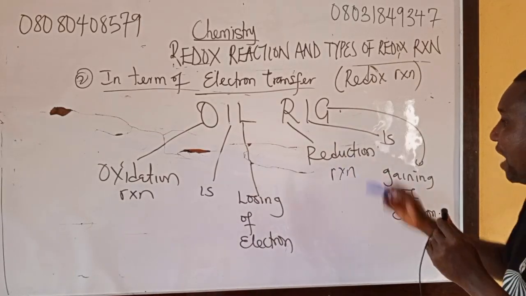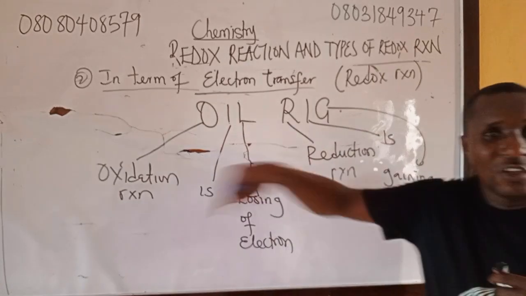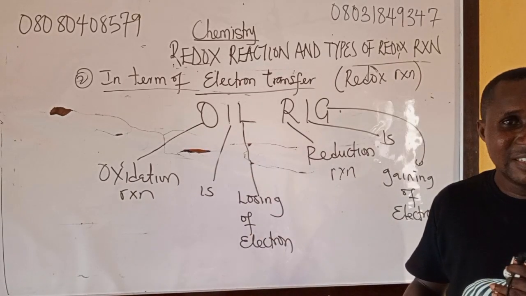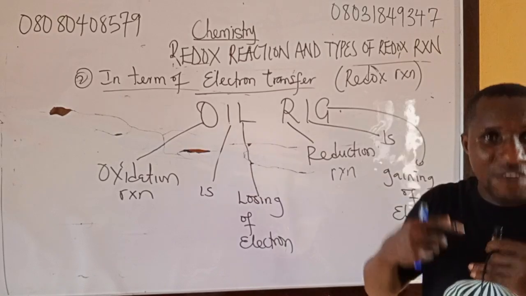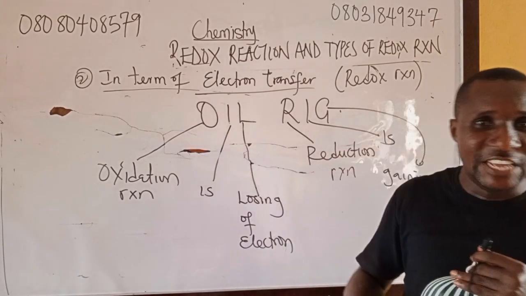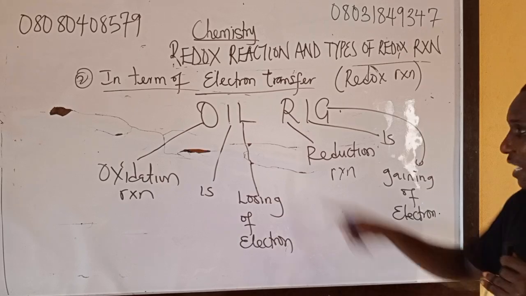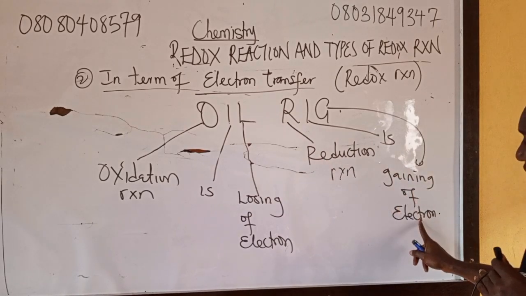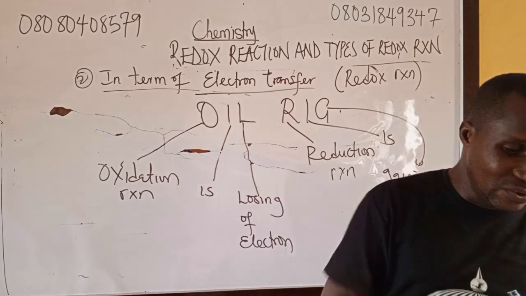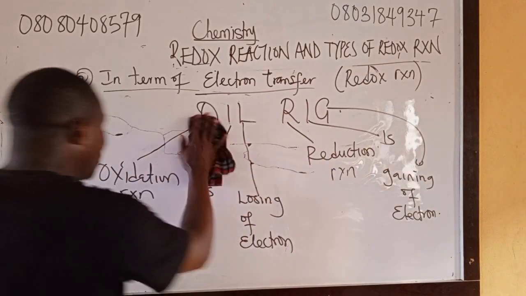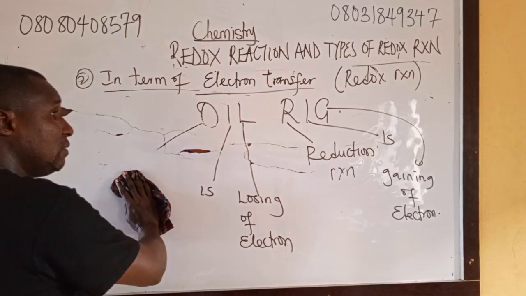That means reduction reaction involves a substance that gains electron, which is the oxidizing agent. That means reduction is gaining of electron, oxidation reaction is losing of electron. Take note. Let me illustrate that with a chemical reaction so that you can pause it and write it down.